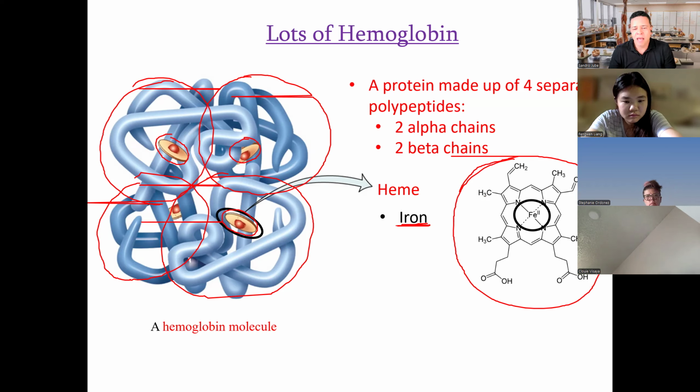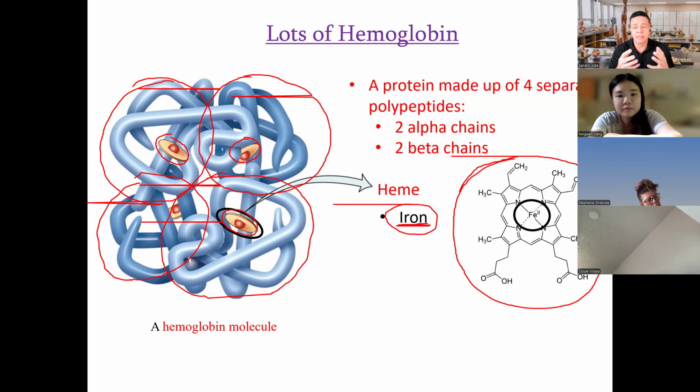Why do we have a metal? Why do we have iron in the middle of the hemoglobin? Guys, the purpose of the iron is that iron is an oxygen scavenger. Iron can find oxygen gas and bind to the oxygen gas.